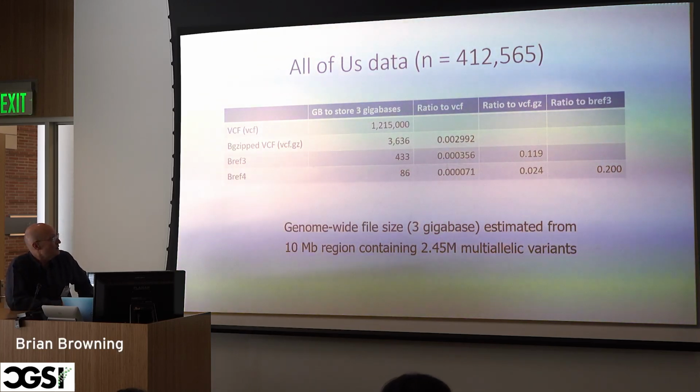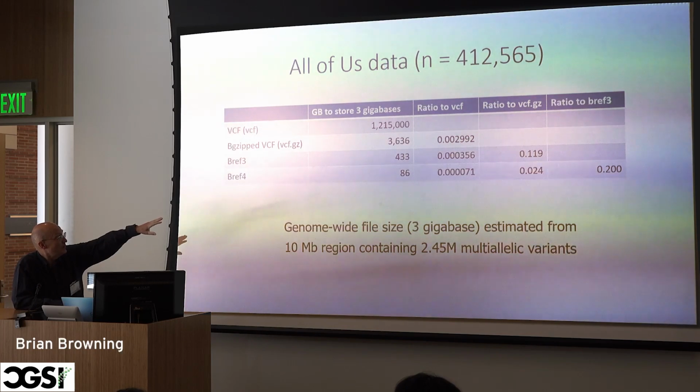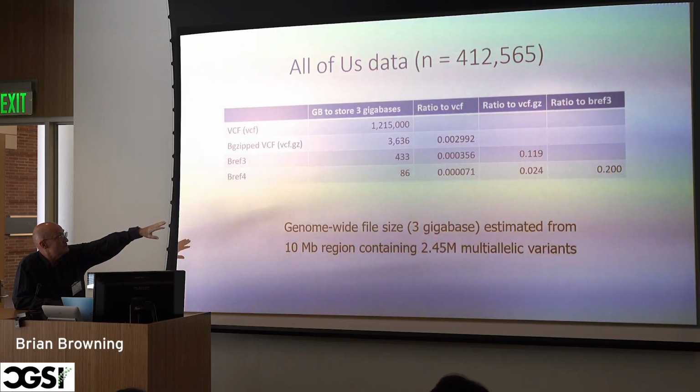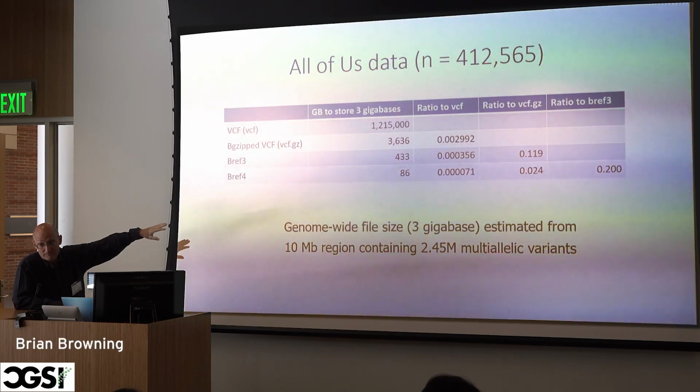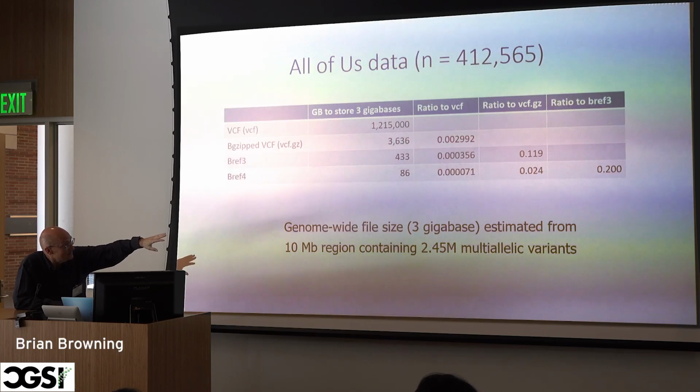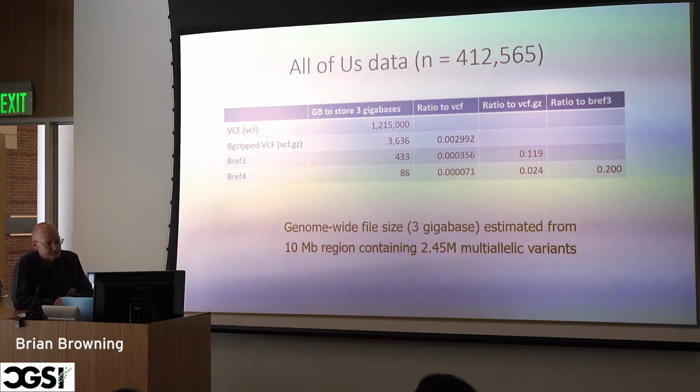And then Bref4 gets it from about 433 gigabytes down to 86 gigabytes for 500,000 people, genome-wide sequence data. And it gets essentially another 5-fold compression.